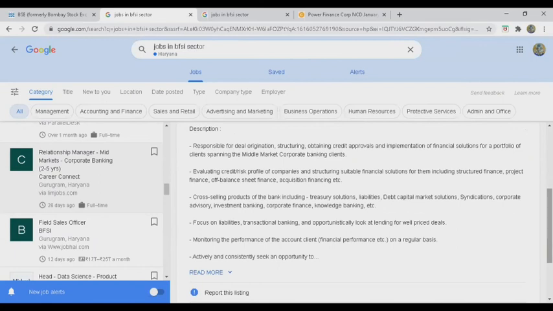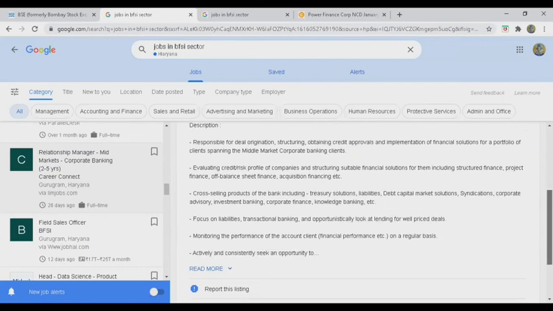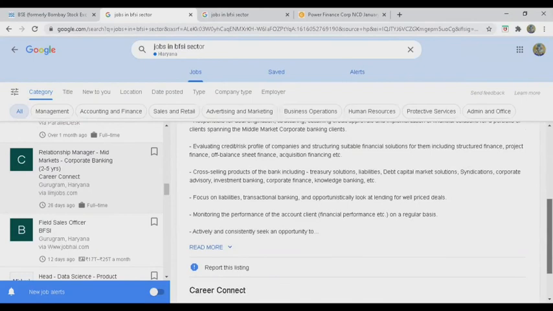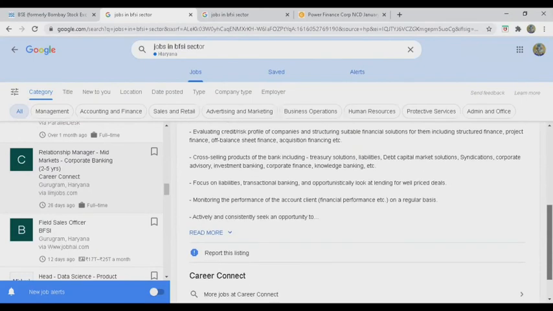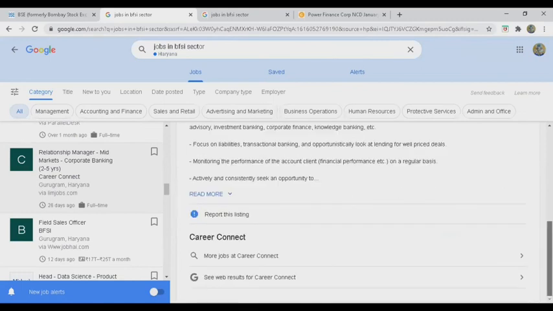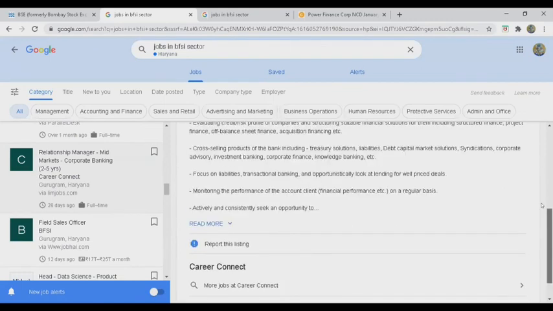Evaluating the credit risk profile of companies and structuring suitable financial solutions. Not only that, you're developing the entire business, not only doing appraisal and structuring, but managing the entire relationship. So this is something some people may be more interested in.